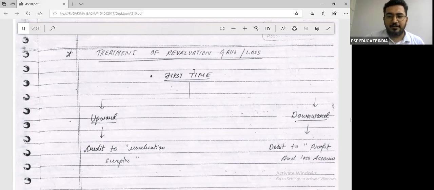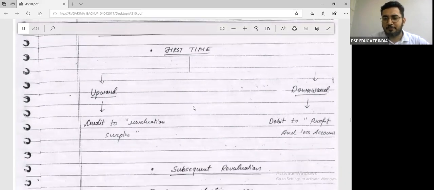On the other hand, if you are doing revaluation for the first time and it gives you a downward revaluation, you will straight away debit the profit and loss account, because you provide for your expenses and losses today.